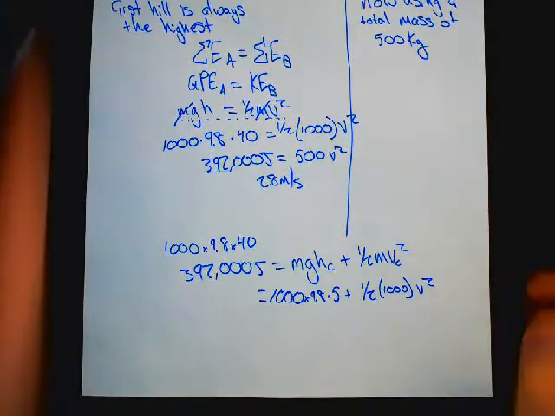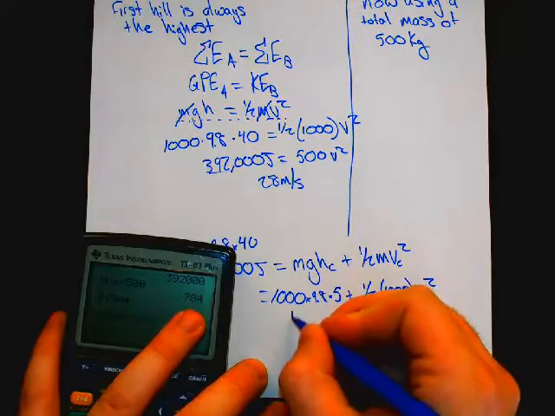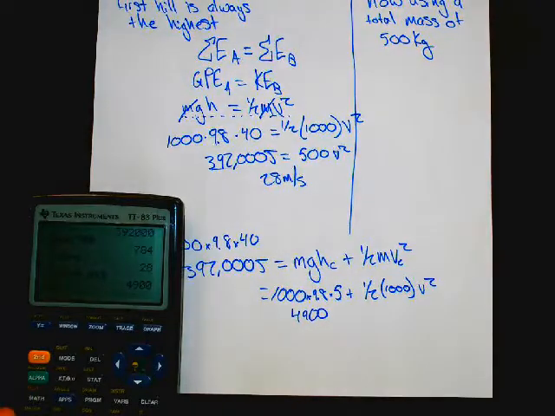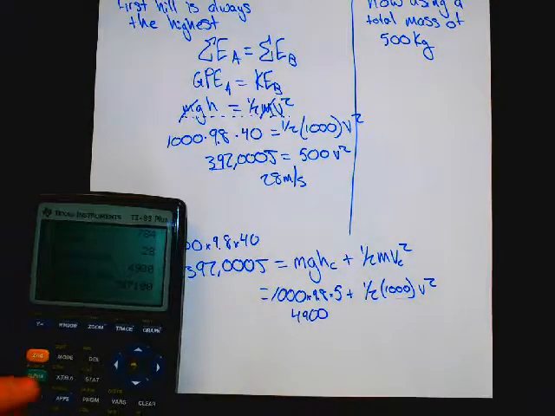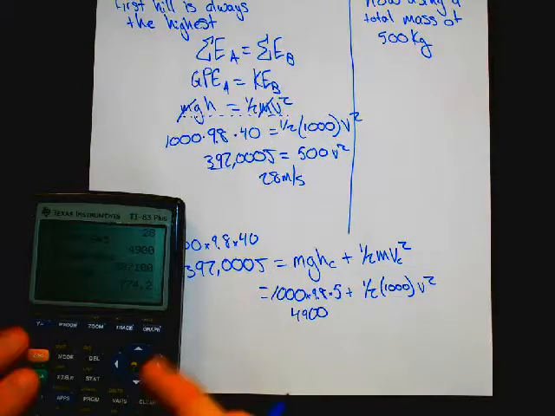Okay, so 1,000 times 9.8 times 5, 4,900. I'm going to subtract that off from the other value, 392,000 minus that. And then I'm going to divide by 500. And lastly, I'm going to take the square root.